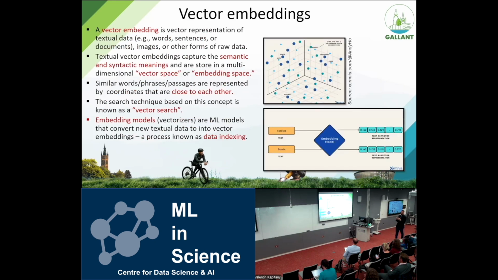So at the core of RAG is vector embeddings. It's the concept of vector embedding. A vector embedding is a numerical representation of data, whether it's text, images, or another raw format. Specifically for textual data, vector embeddings can capture the semantic and syntactic meanings of the data and then store them in a multidimensional store called a vector store or embedding store.